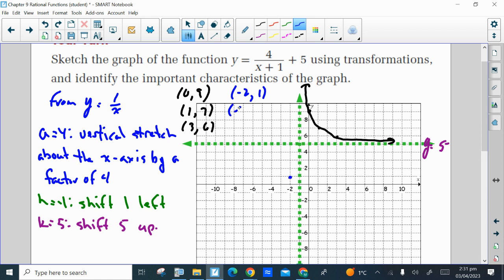I can let x equal -3. That'll work because -3 plus 1 is -2. 4 divided by -2 is -2. Plus 5 is 3. So -3 comma 3 is right there.